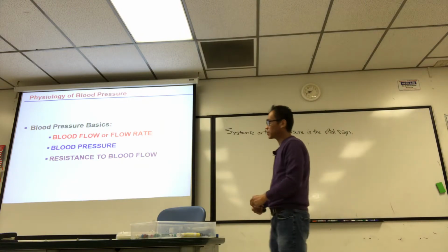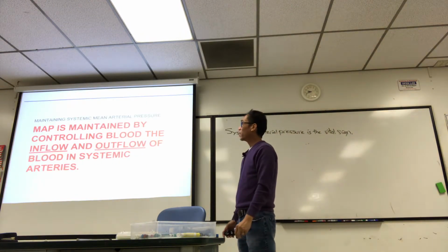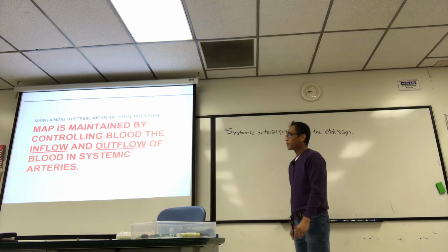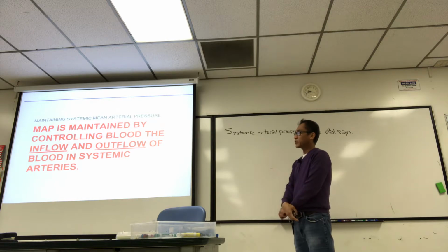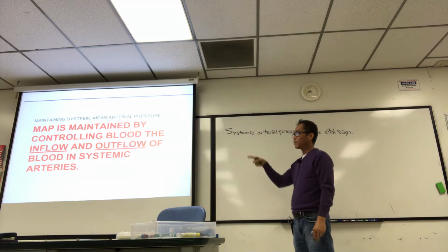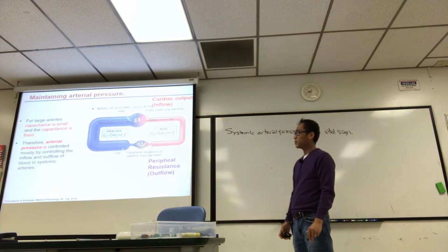Let me define these basic terms: blood flow, blood pressure, and resistance to blood flow. All right, so the first thing, mean arterial pressure, MAP, is maintained by controlling the inflow and the outflow of systemic arteries. So inflow and outflow in this lecture refers to arteries, not the ventricles like in the cardiac cycle. So you have to distinguish between the two.